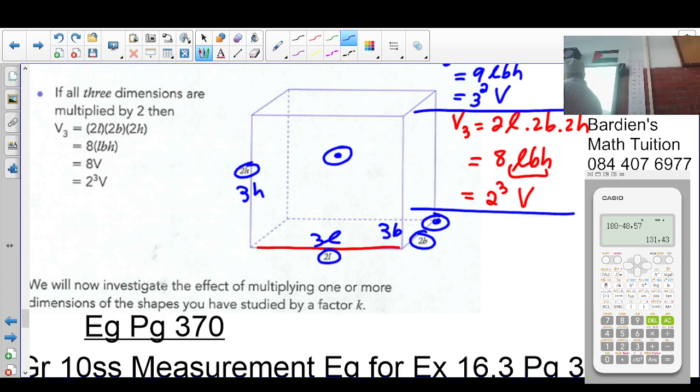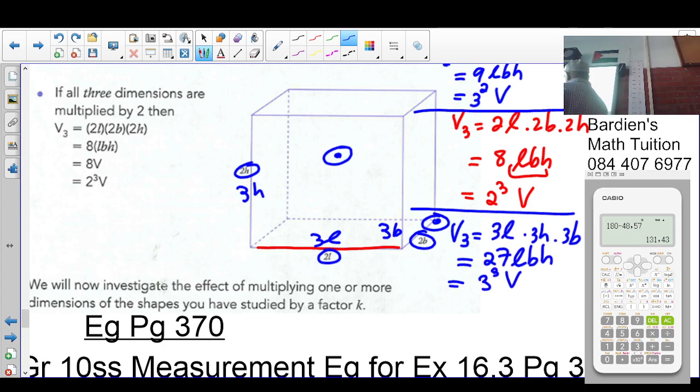So the volume in the third case would be 3L times 3H times 3B, which is simply 27 LBH, which is 3 cubed times the original volume. So what do you notice? When K is 3 here, if all three dimensions are tripled, it's a cube. Can you see that?